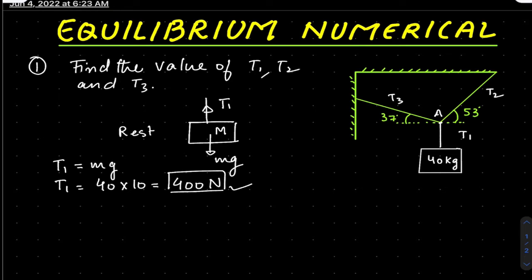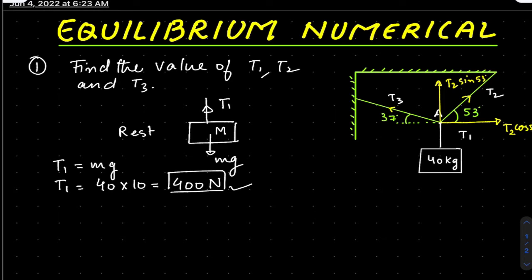To calculate the values of T2 and T3, we need to resolve them. T2 acts in this direction, and T3 acts in this direction. Taking from point A, we will resolve them into components. One component of T2 is in this direction, that is T2 cos 53 degree, and one is in the upward direction, and we call it T2 sin 53 degree.